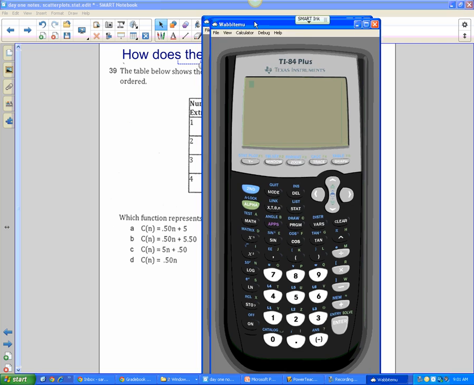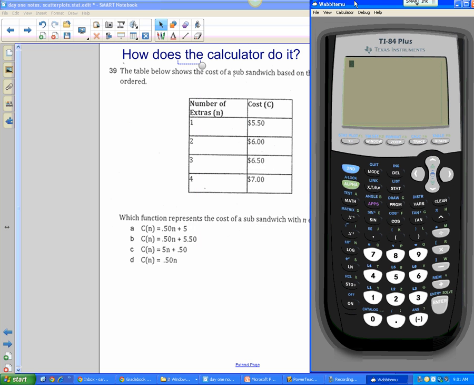In your calculator, you want to hit stat right here. It's underneath the delete button. Everybody do it with me. Hit stat. Then you're going to hit enter because we're going to have to edit our information. So hit enter.